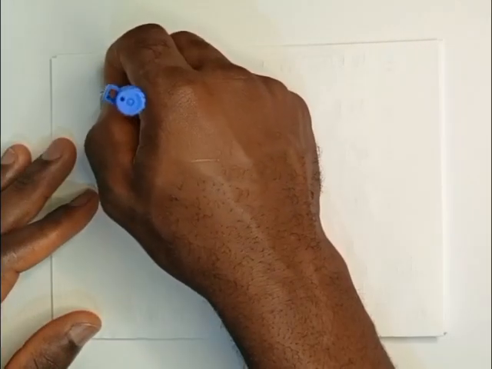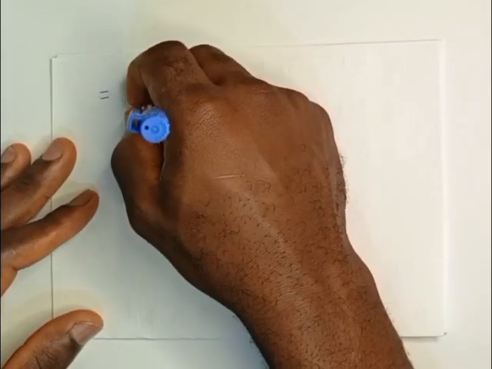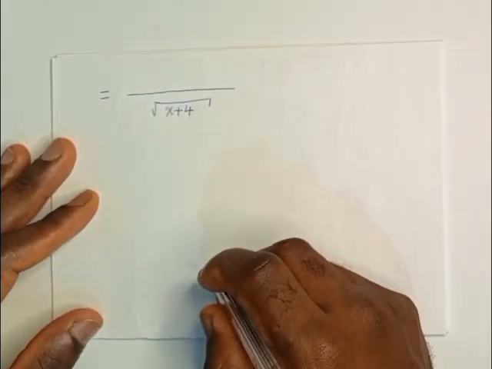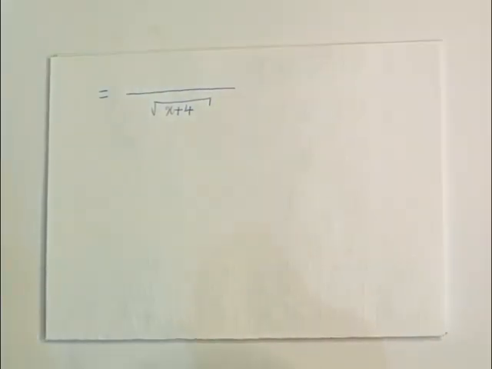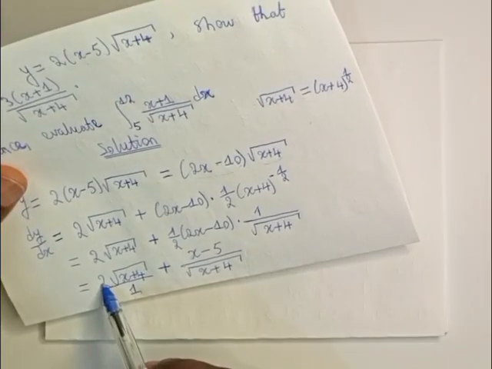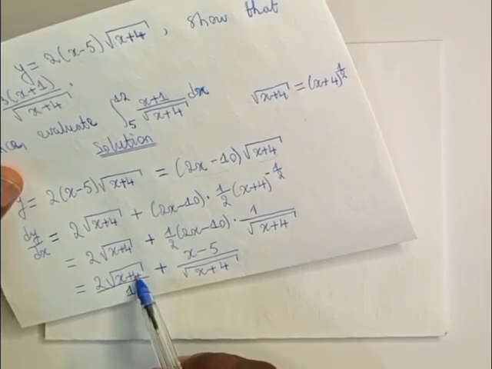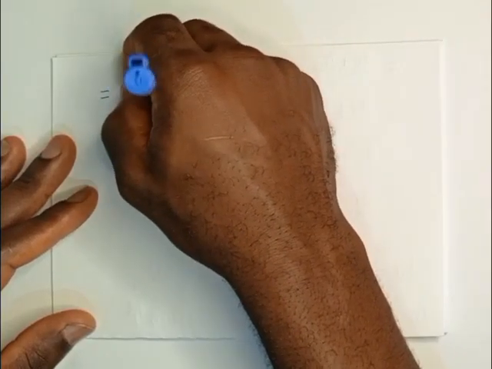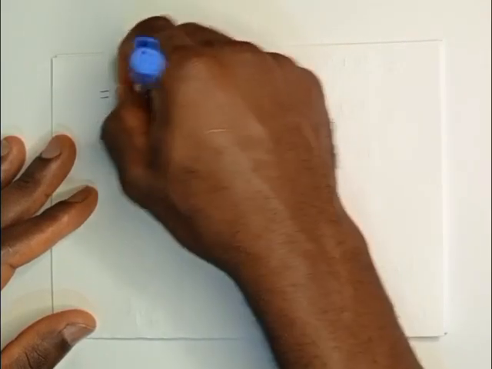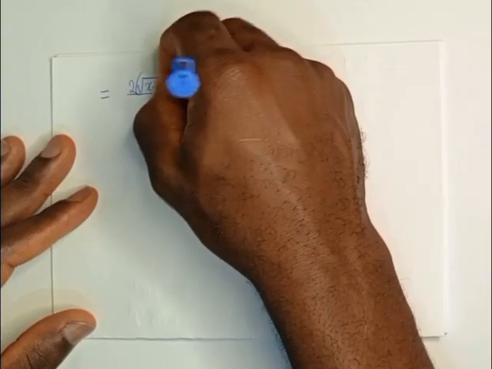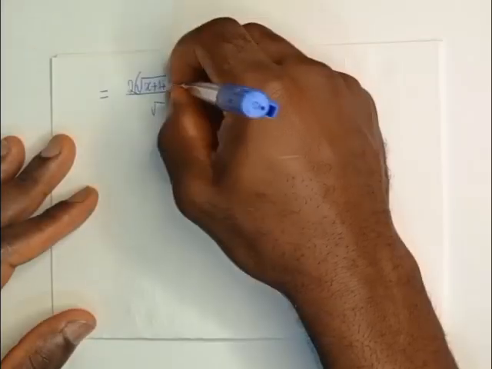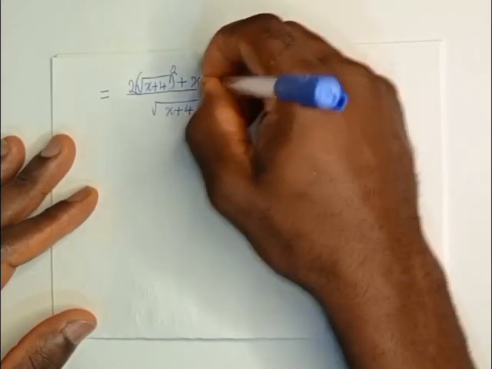This will be equal to, the LCM of their denominators being the square root of x plus 4. If we divide the square root of x plus 4 by 1, it remains the square root of x plus 4, times 2 root x plus 4, which is the same as 2 times the square root of x plus 4, all this squared, plus, if we divide the square root of x plus 4 by the square root of x plus 4, it gives us 1. 1 times x minus 5 means x minus 5.